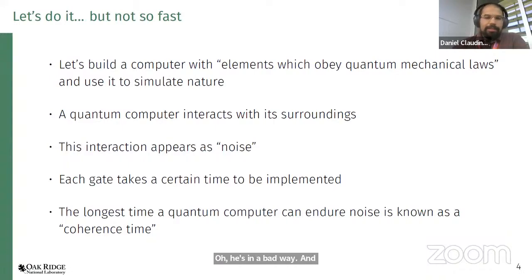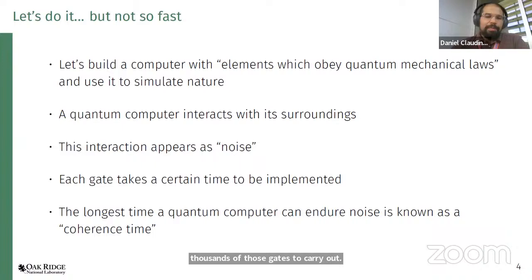On top of that, each gate, which is like a basic unit of operation, imparts some change in the initial input. Each gate, like an instruction, takes a certain time to be implemented. Oftentimes you need hundreds or thousands of those gates to carry out some simulation task.